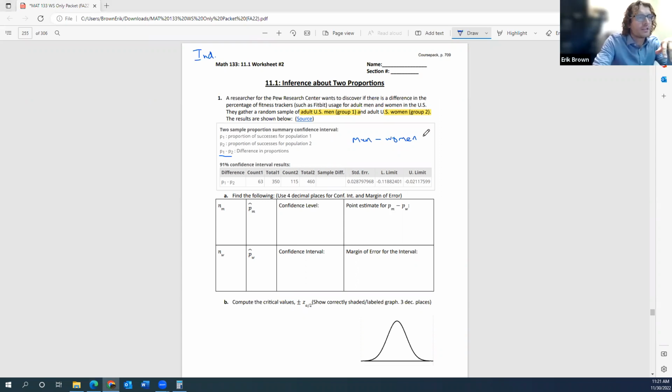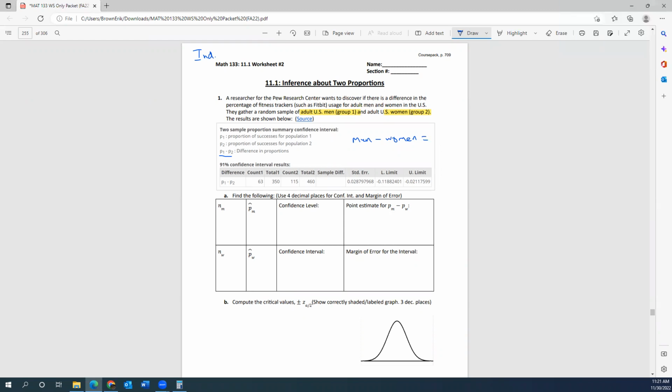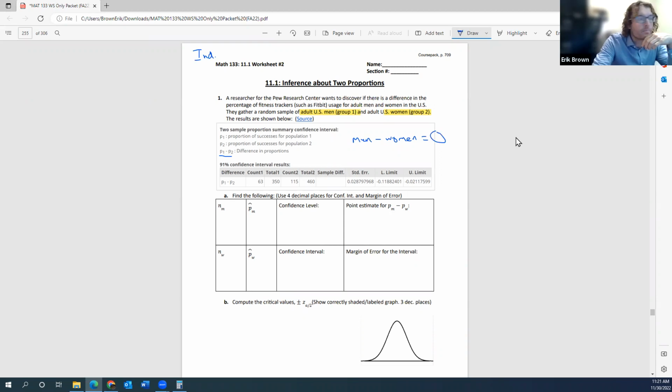What would this subtraction equal? 0, wouldn't it? Nailed it. So that's the key thing in all of chapter 11: we're comparing two things, we're subtracting them, and either we're going to get 0, or a number greater than 0, or a number less than 0.